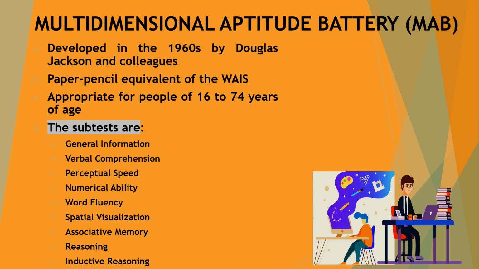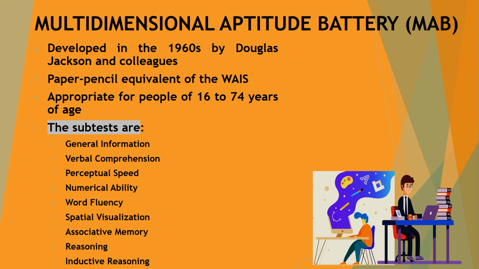Imagine you are trying to decide which career path to pursue, and you are considering two options: becoming a graphic designer or an accountant. You take the MAB to assess your cognitive abilities and aptitudes in order to determine which career might be a better fit for you.